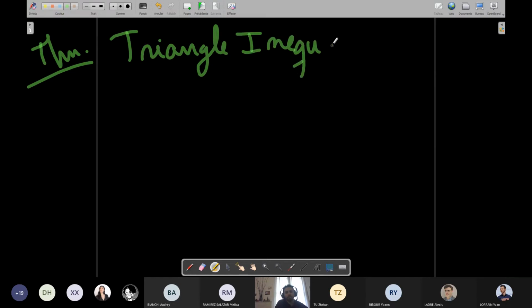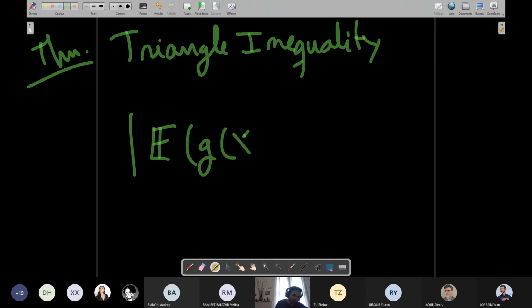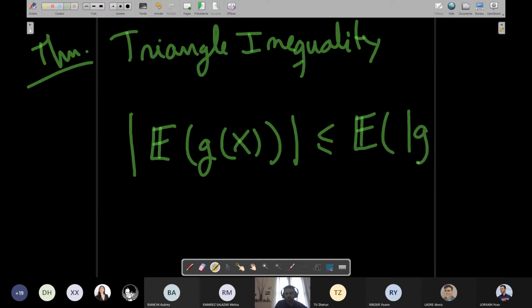That's a theorem, the triangle inequality. It says that the absolute value of the expectation of a random variable g of x is smaller than the expected value of the absolute value of g of x.